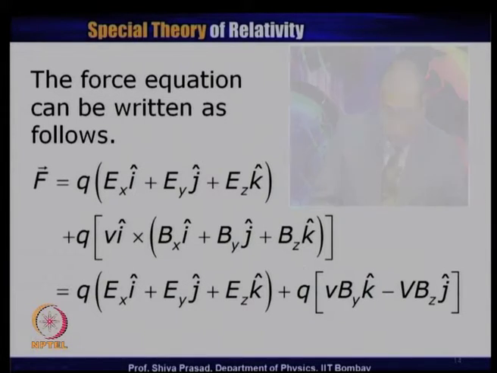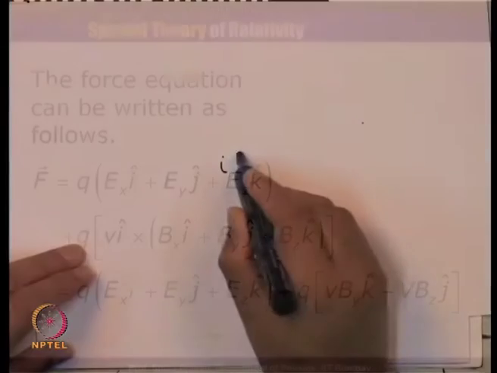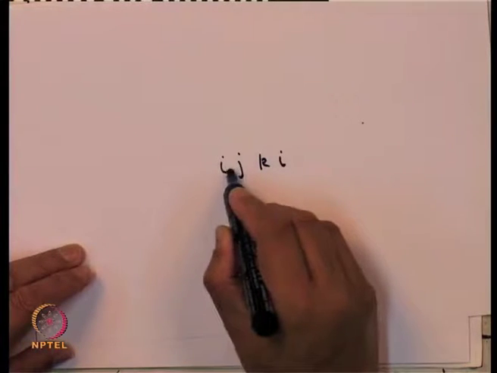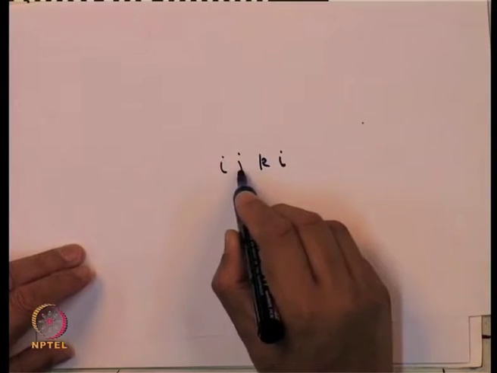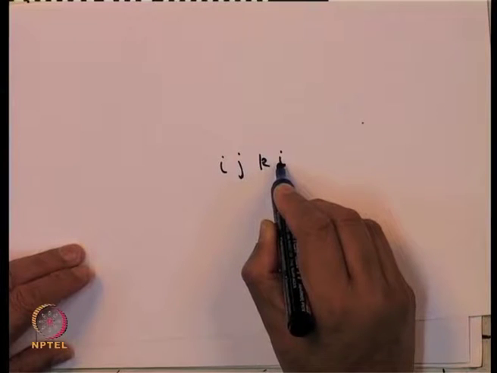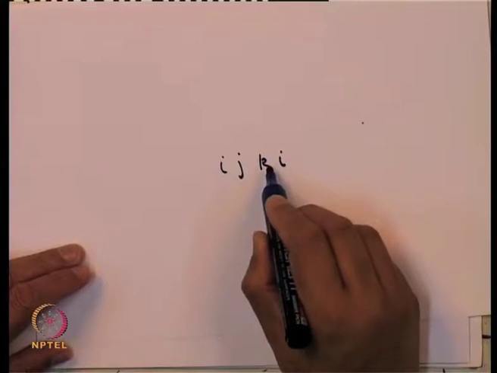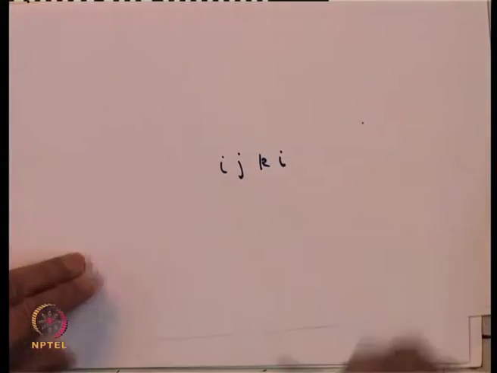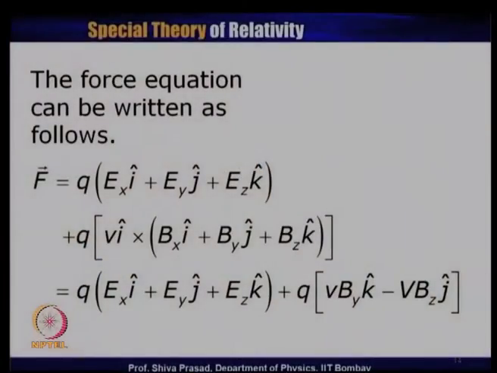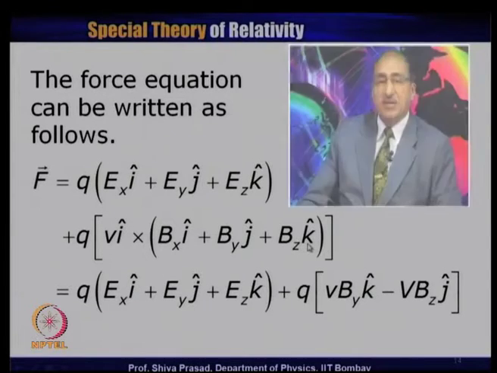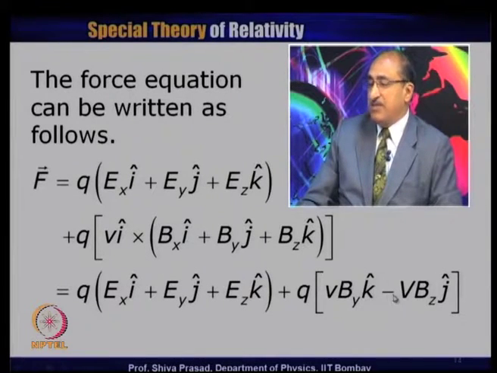If you remember, we go i, j, k, i, j, k. If I go i to j, I get k. If I go j to k, I get i. And k to i, I must get j. But here I am going from i to k, so it will be minus j. So this is what I have written here: V multiplied by Bz, i cross k is minus j, which brings this minus sign, and this is j.